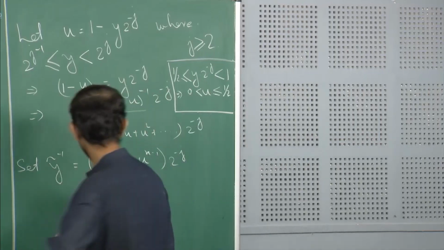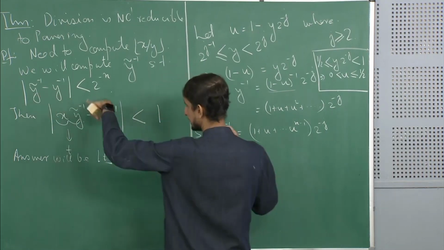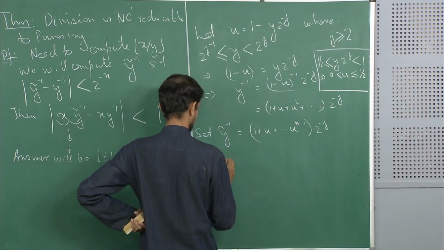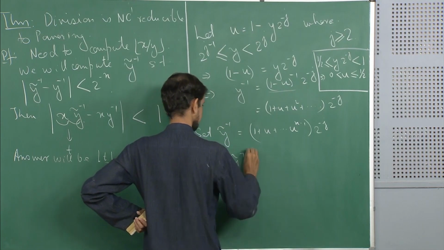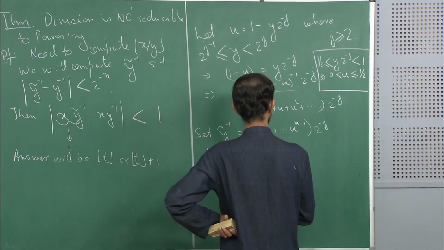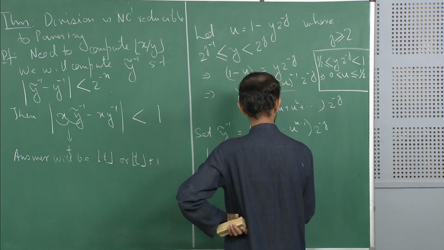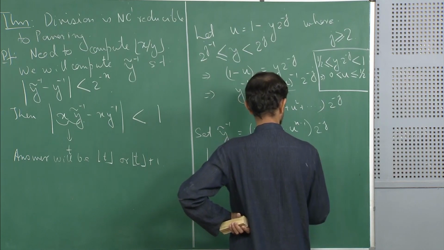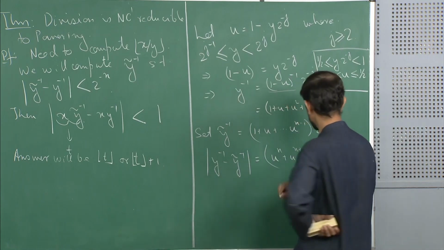So, this is y tilde inverse, and now we can verify this quantity, that y inverse minus y tilde inverse is equal to u to the power n plus u to the power n plus 1, and so on, into 2 to the power minus j.